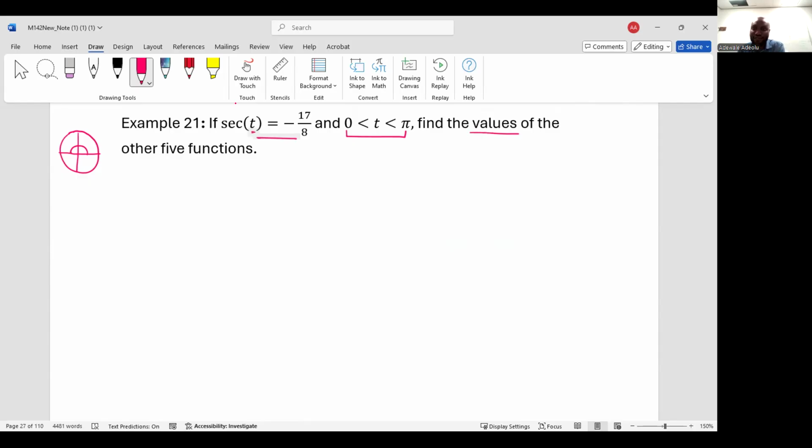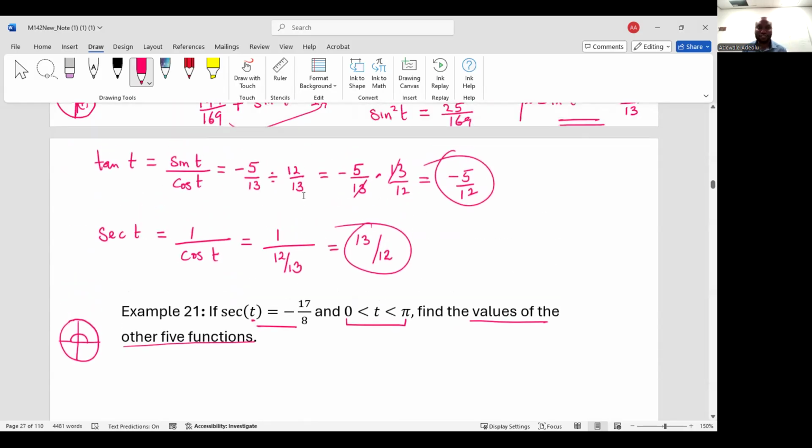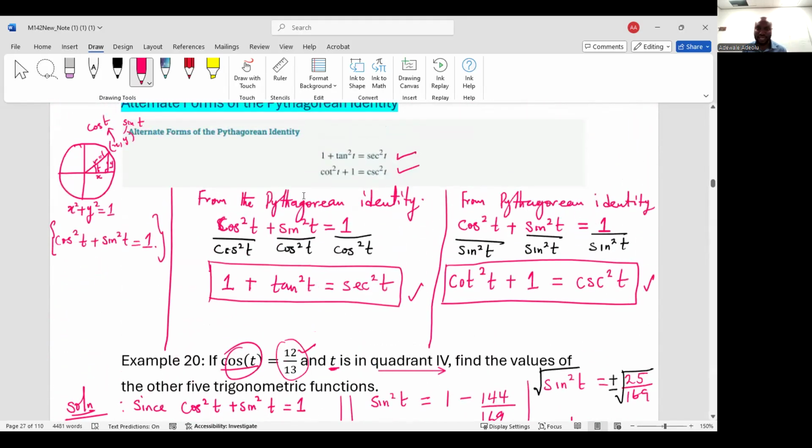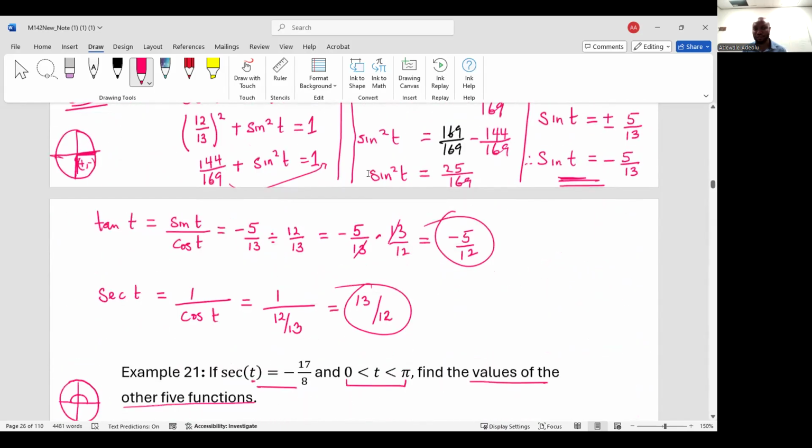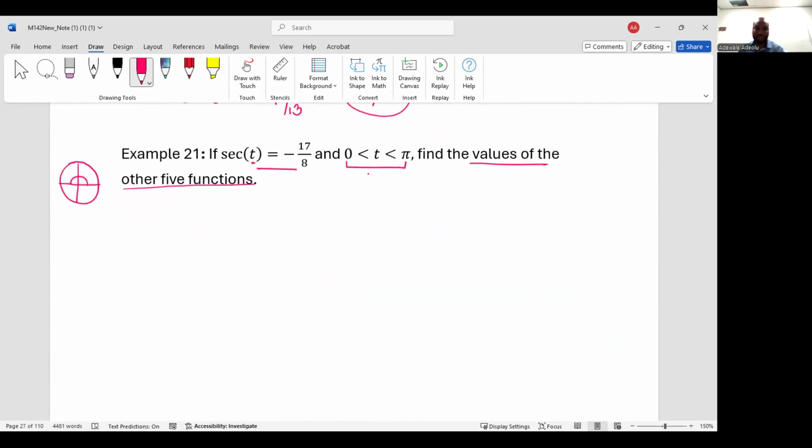Now, find the values of the other 5 trig functions. We were given secant. How can we get to the other functions? Well, secant is related through the Pythagorean identity somewhat. Secant squared of an angle is 1 plus tangent squared of the angle. I can use that.